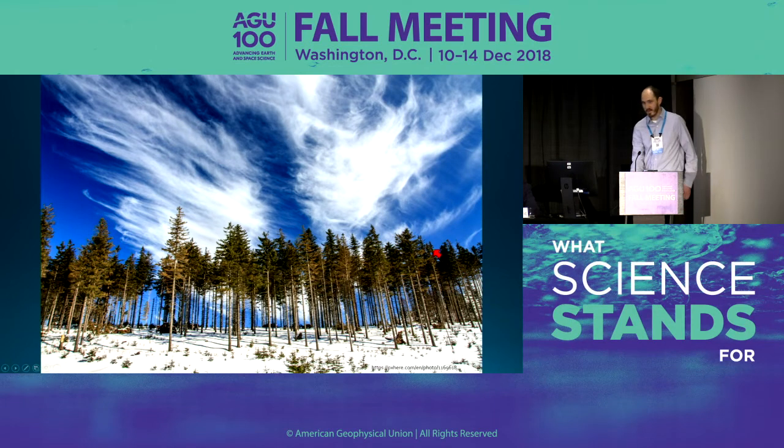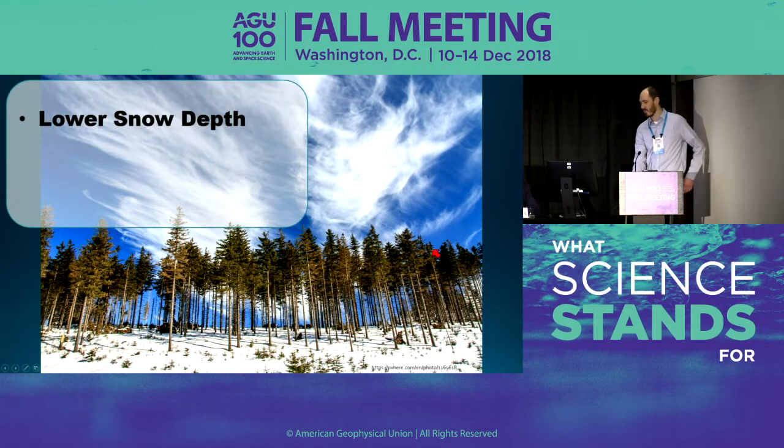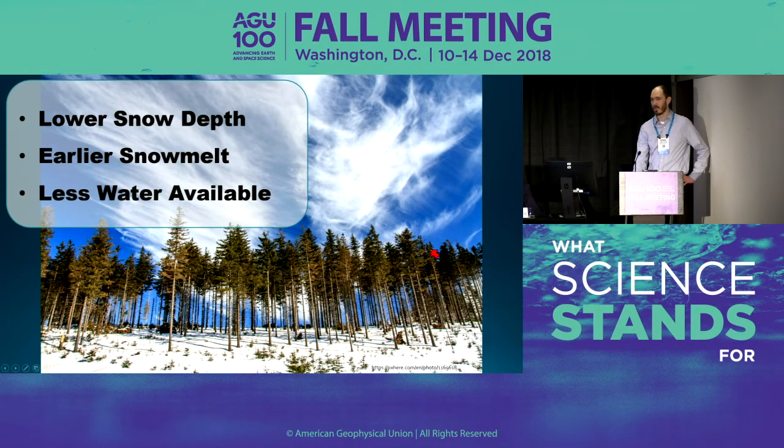All right, so as my colleagues have discussed here, we're starting to see lower snow depth throughout the winter and earlier snowmelt in the spring, and those mean that there's less water available to ecosystems that depend on snow, especially in the western United States, where over 70% of the annual water budget comes in the form of snow.